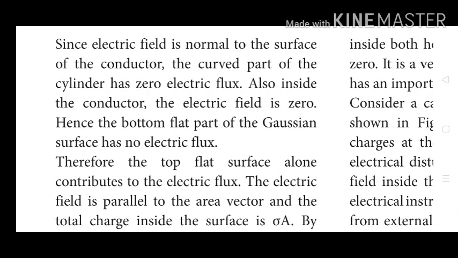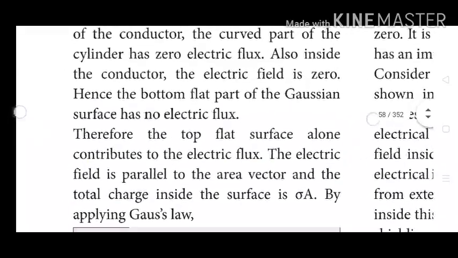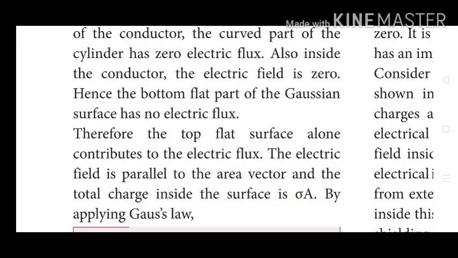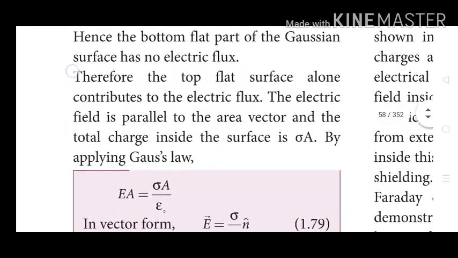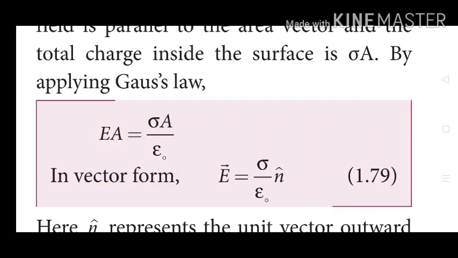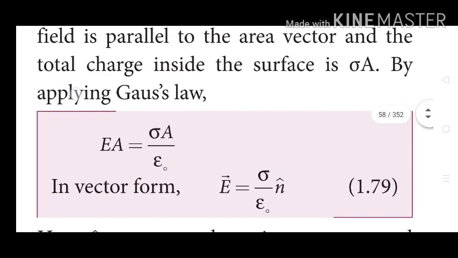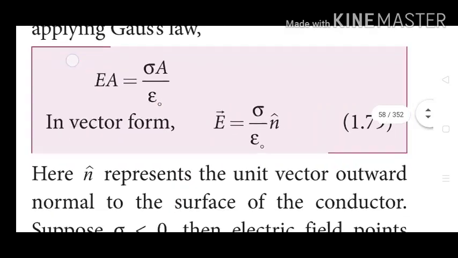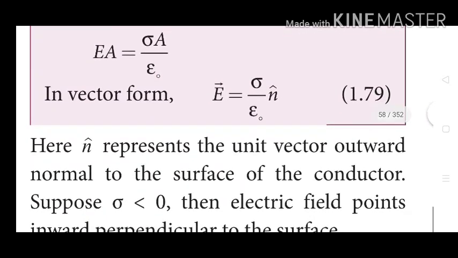Since the electric field is normal to the surface of the conductor, the curved part of the cylinder has 0 electric flux. Also inside the conductor, the electric field is 0. Hence, the bottom flat part of the Gaussian surface has no electric flux. Therefore, the top flat surface alone contributes to the electric flux. The electric field is perpendicular to the area vector and the total charge inside the surface is sigma A. By applying Gauss law, we get EA is equal to sigma A by epsilon naught.